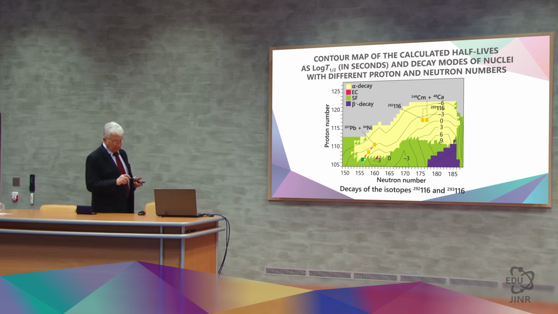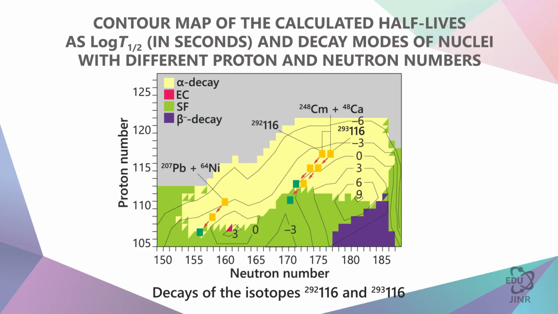And if everything is correct, they will decay. This even-numbered isotope will have 2 alpha decays, and as soon as it touches the green territory, it will undergo spontaneous fission. Due to the prohibition of spontaneous fission resulting from an odd number of neutrons, this chain will be slightly longer.